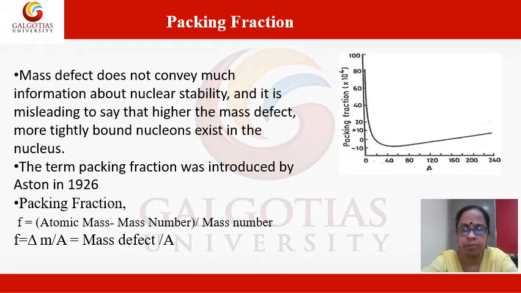So another term was introduced by Aston in 1926, that is packing fraction. Packing fraction is designated by small f, which is equal to atomic mass minus mass number, divided by mass number. That means delta M by A, that is mass defect by A.